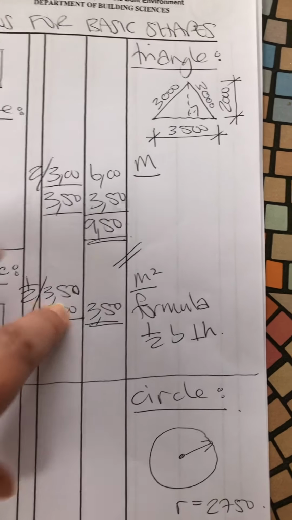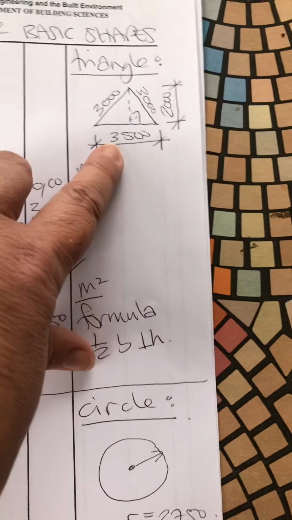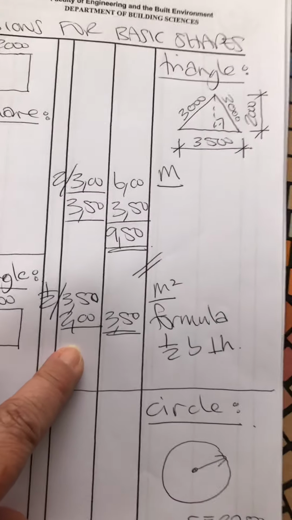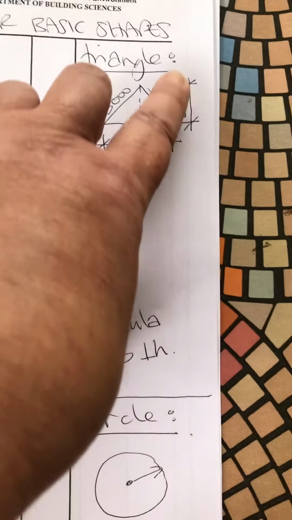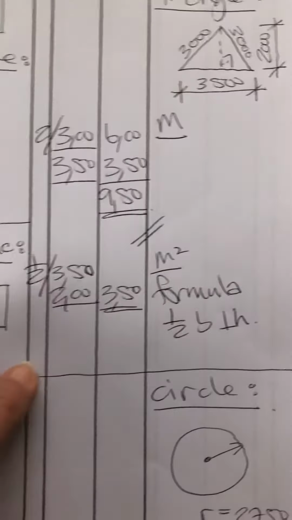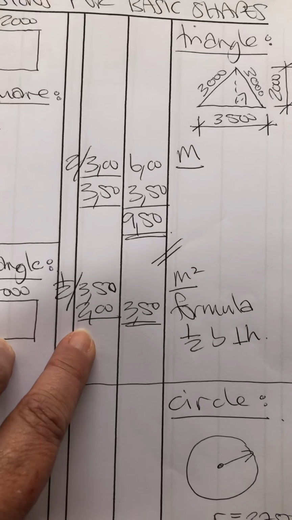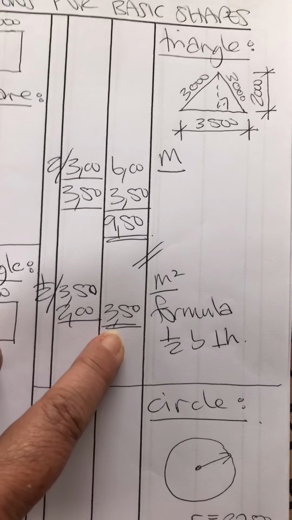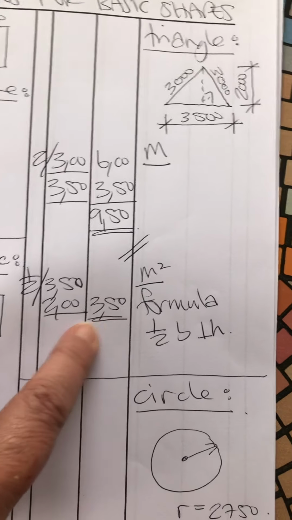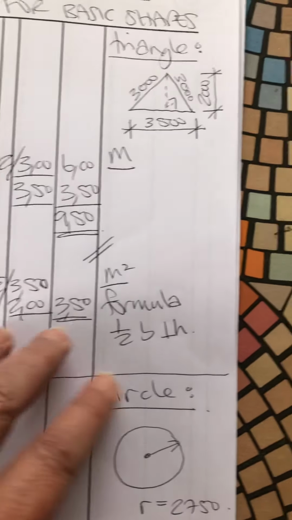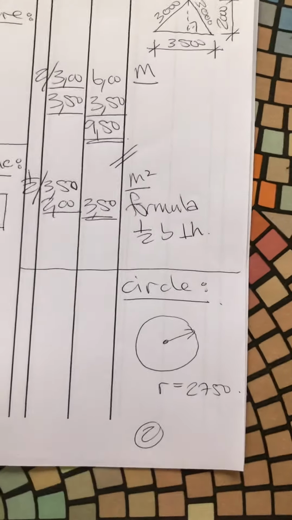So the base is 3.5, and my perpendicular height is given as 2 meters. So half times 3.5 times 2.00 equals 3.50. Final answer. Okay, end of my takeoff.